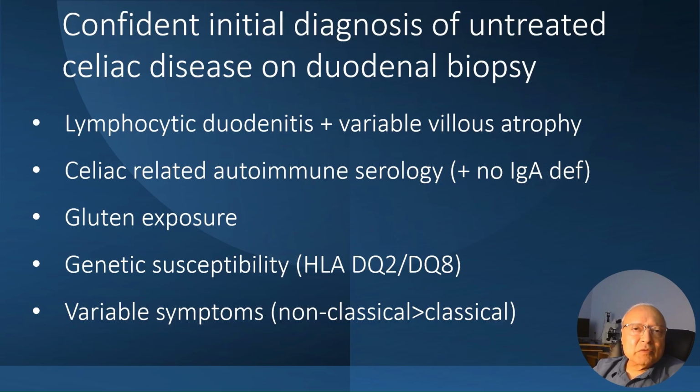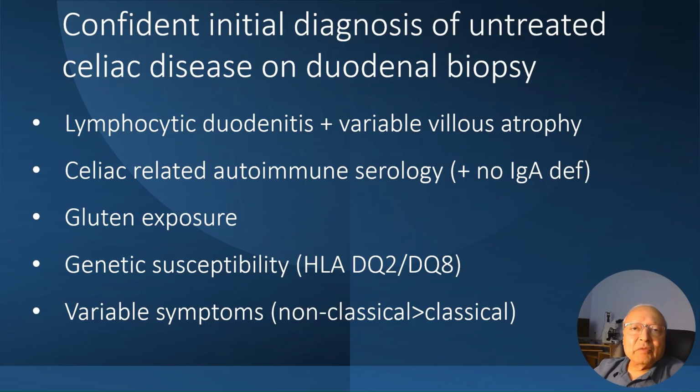But the pillars of diagnosis are having some form of duodenal inflammation in the proximal duodenum with or without villus atrophic changes. And you can watch that video to get the details of that. And because it's an autoimmune disease, you need the antibodies to confirm that this is celiac disease, and that is predicated on two factors.